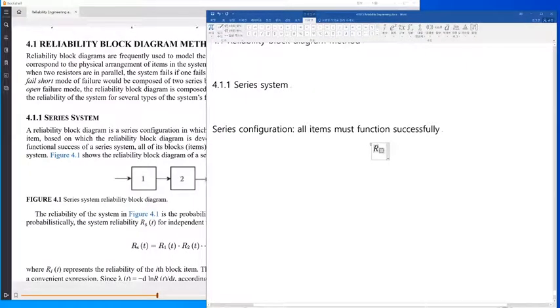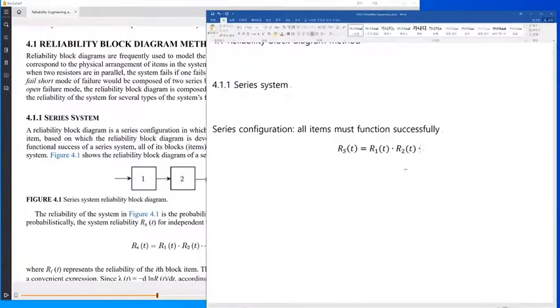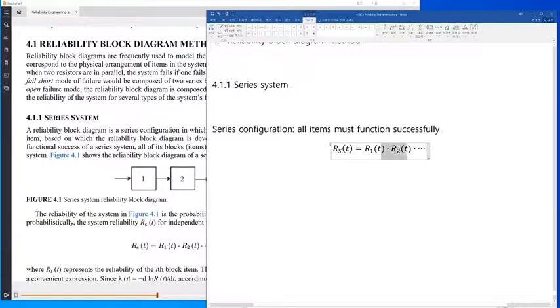The reliability of the system as a function of time equals the reliability of the first component as a function of time, and the reliability of the second component, and we are going to multiply all these reliabilities until the last one, the nth component.